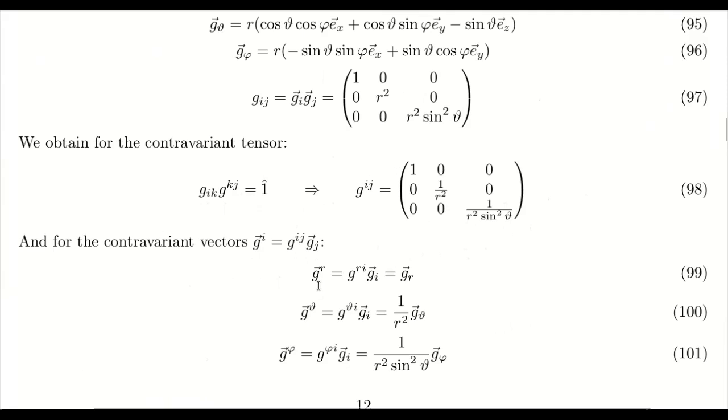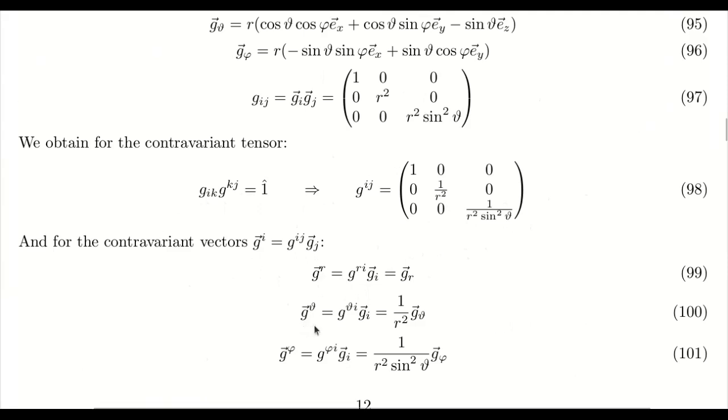So first coordinate r, g^r, that is g_r, and here scalar product. That is the same as the covariant component, because we have here only one, there is no factor.